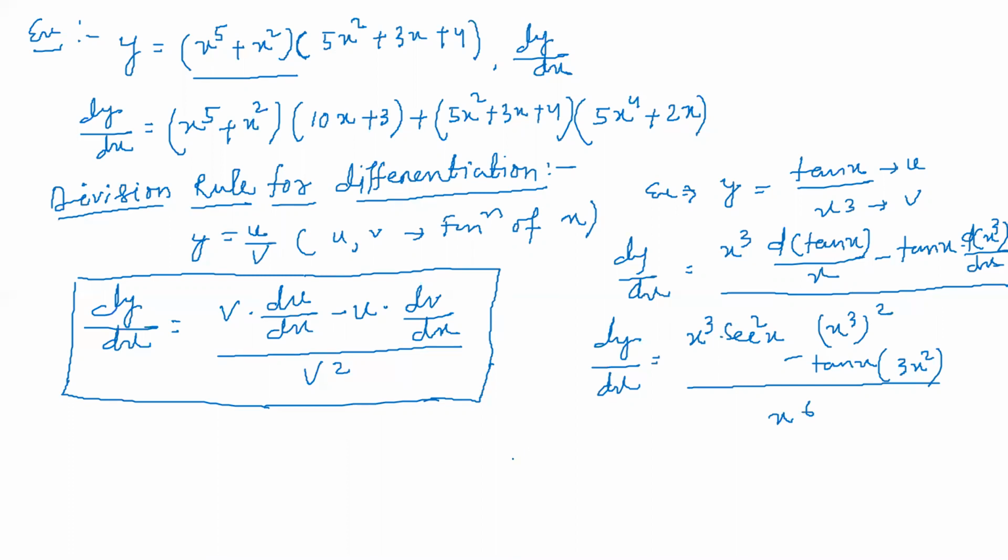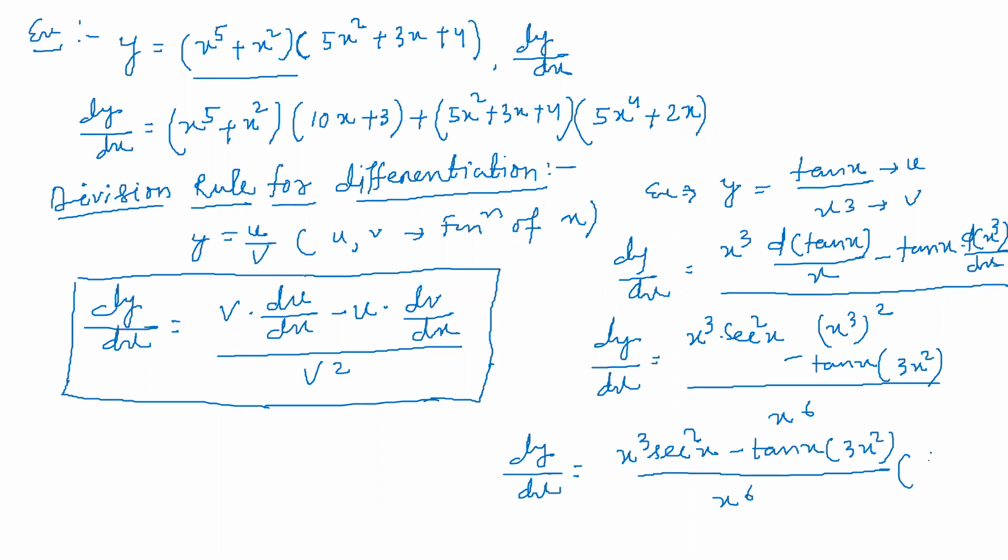So hence the required result, applying the division rule, is dy by dx equals x cube sec square x minus tan x into 3x square divided by x to the power 6. This is the answer.